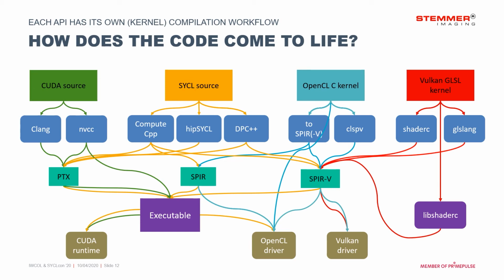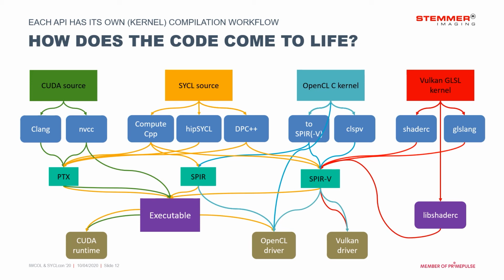But you can also offline compile it to SPIR or SPIR-V, depending on your tool chain and your targeted drivers. And you can target Vulkan as well with OpenCL if you use the cross-compiler clspv. This generates SPIR-V, which is Vulkan compatible.